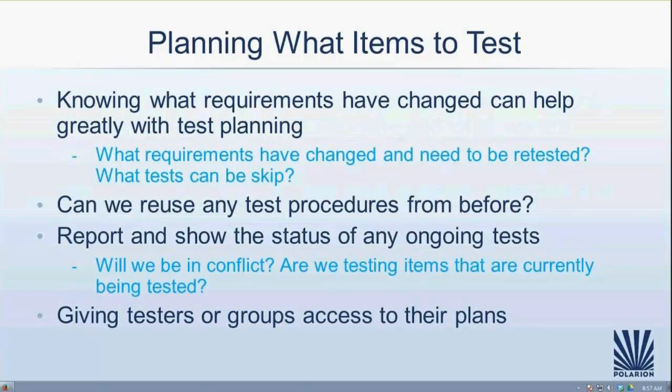But if I do test the brakes and I see that some test case that also validates the airbags has failed or something has changed, maybe I do need to go up. So having all this traceability, linking everything together, can really help you know what requirements or what tests need to be run again based on the changes that you've had in the past.